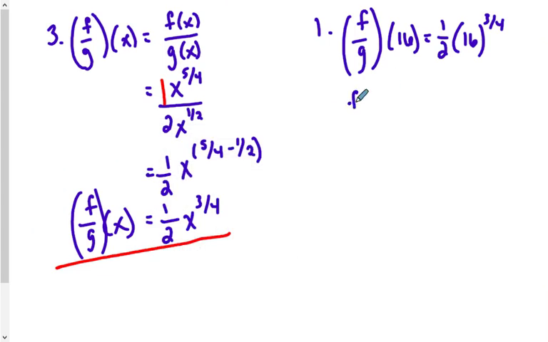So now I have f divided by g of 16 equals 4.